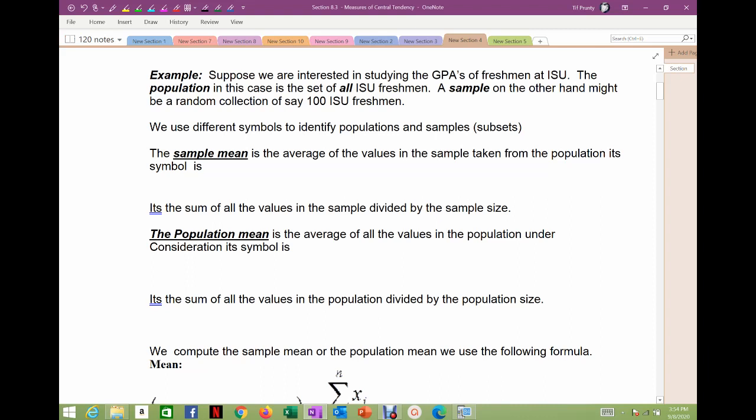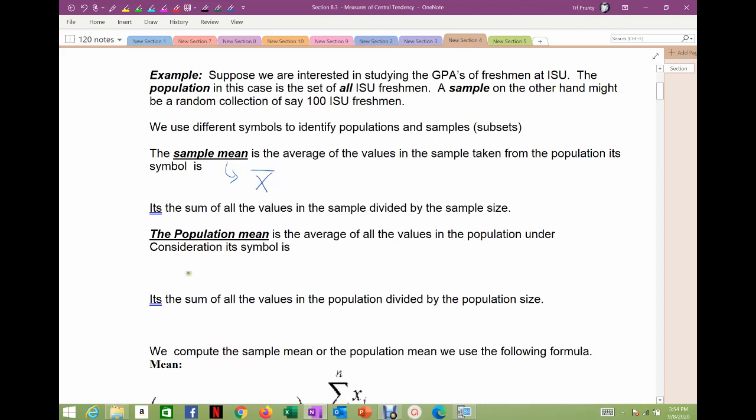Alright, so sample mean would be the average value of the sample taken from the population, just the small group. The symbol for the sample mean is x with a bar above it. It's the sum of all the values in the sample divided by how big the sample is. So you add up all the values in your sample and divide by however many is in your sample. The population mean is the average of every single value in the population without missing anybody.